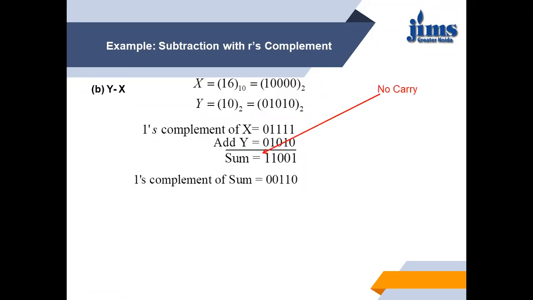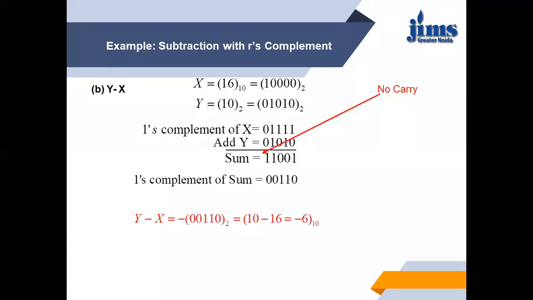The 1's complement is replacing zeros by 1's and 1's by zeros. So 1's complement of sum is 0 0 1 1 0. We put a negative sign, and the final answer for y minus x is minus 0 0 1 1 0 base 2, or in decimal, 10 minus 16 equals minus 6.